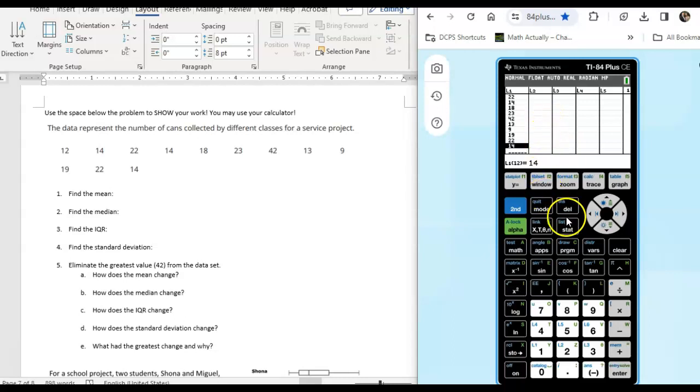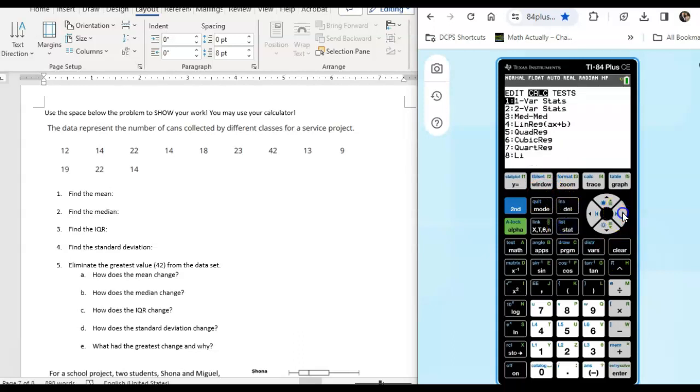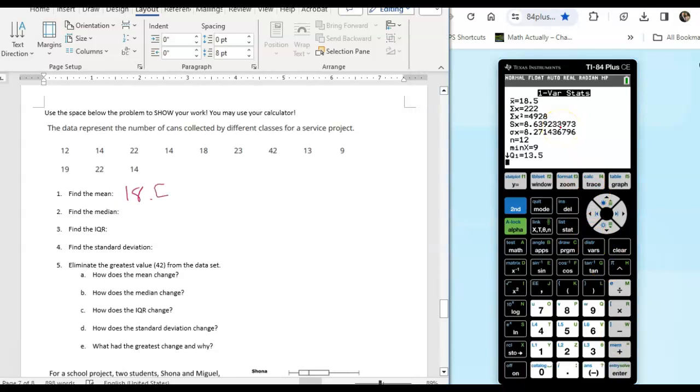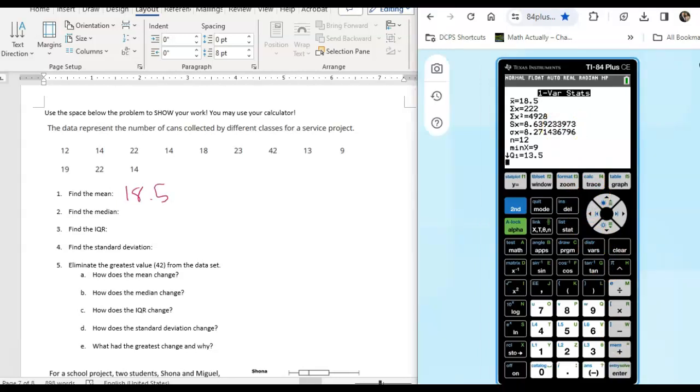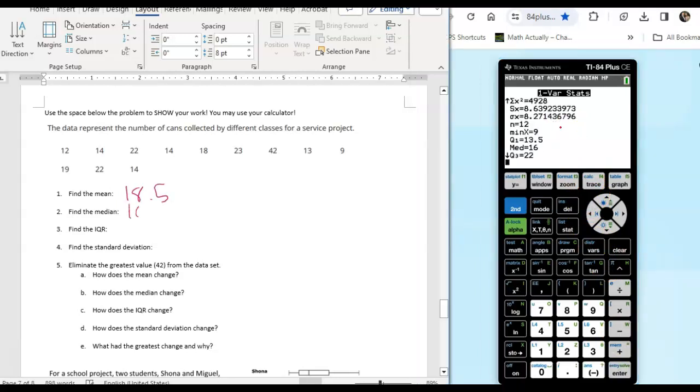All right, so find the mean. So again, I'm going to go to Stat, over to Calculate, One Variable Statistics, and List 1. And so my mean is 18.5. My median is 16.